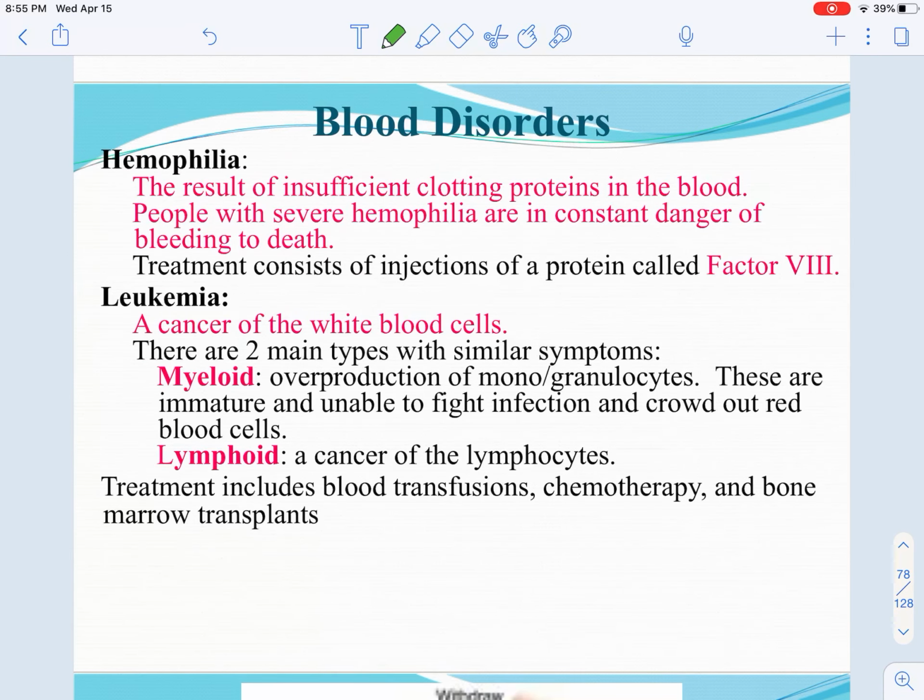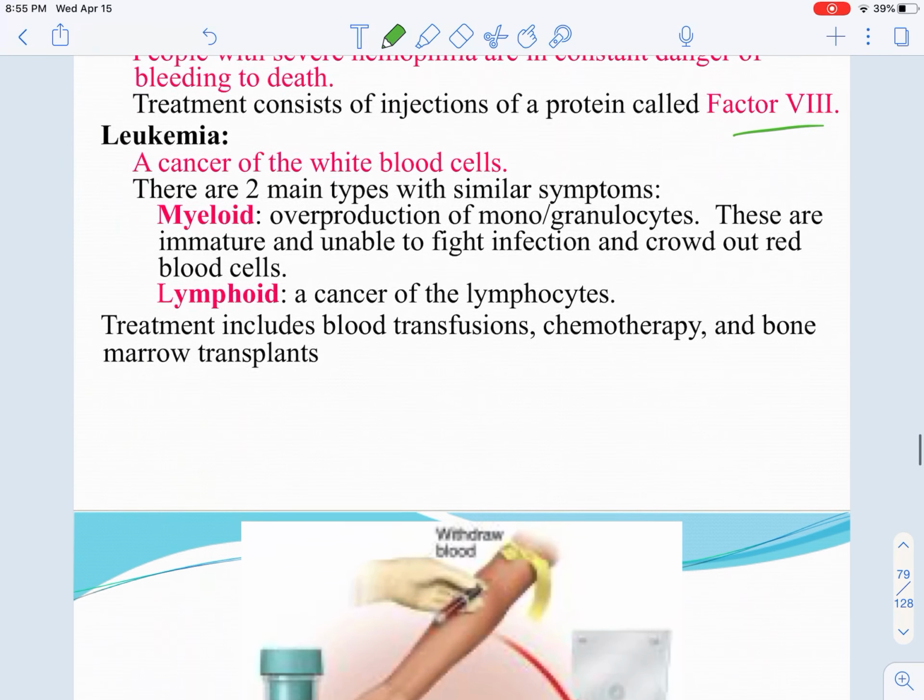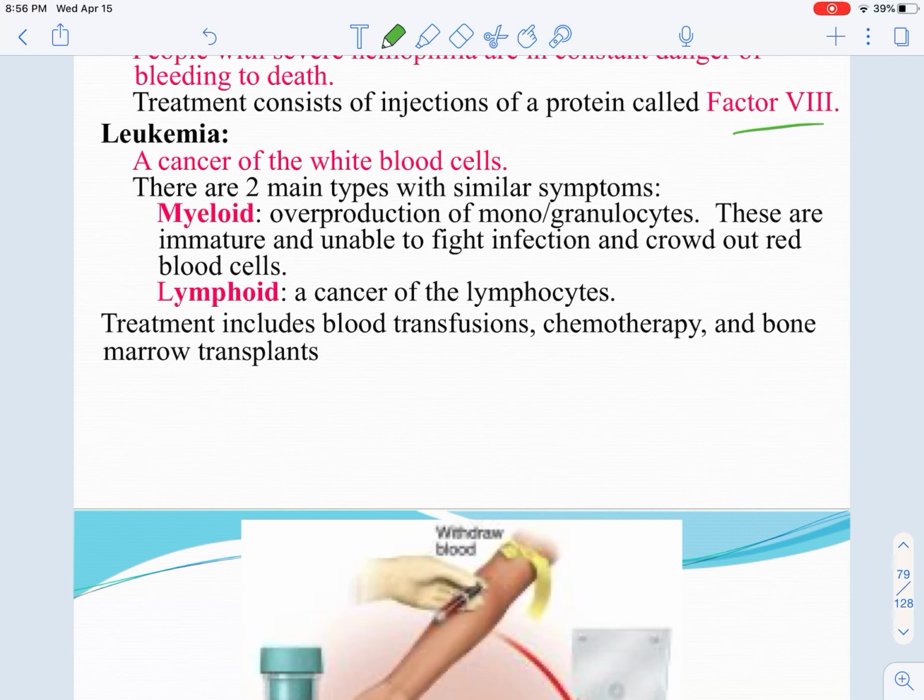We have a couple of blood disorders that are mentioned here. Hemophilia is when the blood clotting proteins are not all functioning or there, and so without clotting, the bleeding that can happen from a simple bruise or injury could be life-threatening, and so they have to give the missing proteins to people with hemophilia.